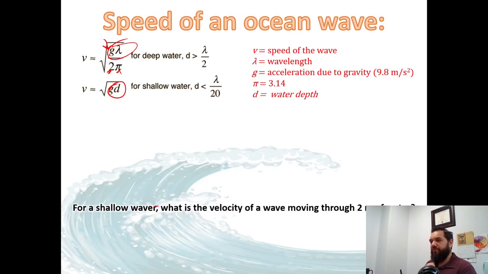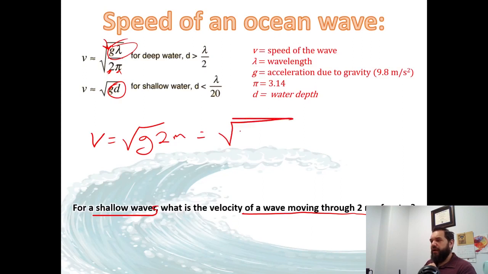For shallow waves, what is the velocity of a wave moving through 2 meters of water? The velocity equals the square root of g times 2 meters. I'm just going to round g, which is 9.8 meters per second squared, off to 10. So that's the square root of 10 meters per second squared times 2 meters, which is the square root of 20 meters squared over seconds squared.